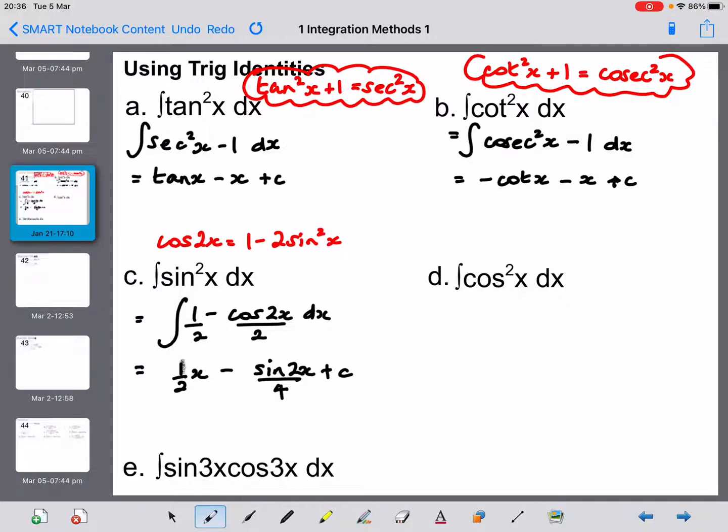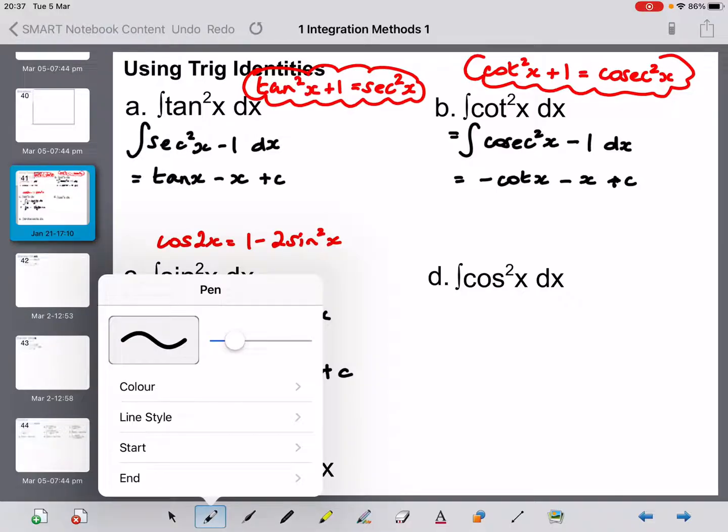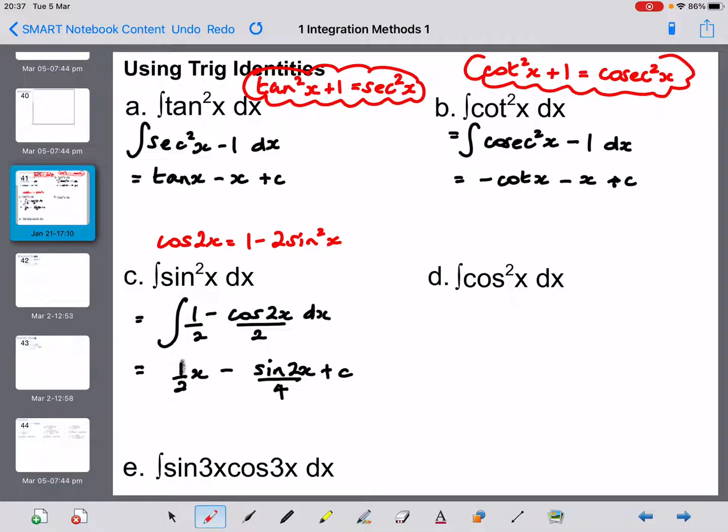So that's how to integrate sine squared. You're just going to have to remember, you don't obviously need to remember what the integral is, but remember that we had to use the double angle formula for cos. For cos squared, we're going to use the other double angle formula for cos. So cos 2x is also 2 cos squared x minus 1.